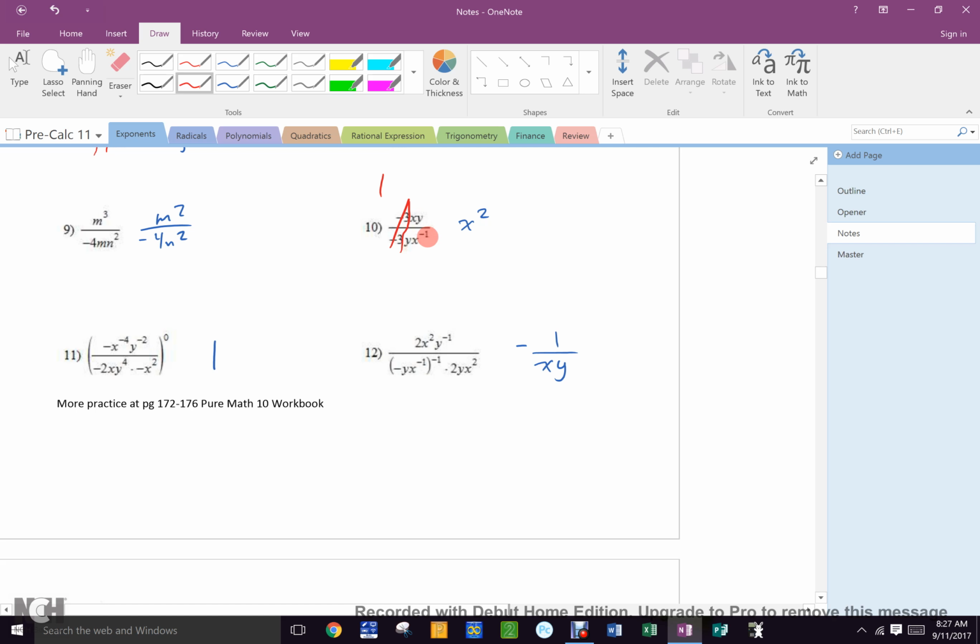X and x to the negative 1. That's 1 minus negative 1. Yes? What is 1 minus negative 1? 2. So I have x squared, so I don't have to move them. And I have y over y. What happens there? Same thing that happened with the negative 3s. They cancel and become 1. So what was the only thing I had left? X to the positive 2.